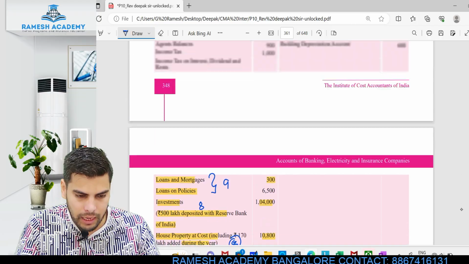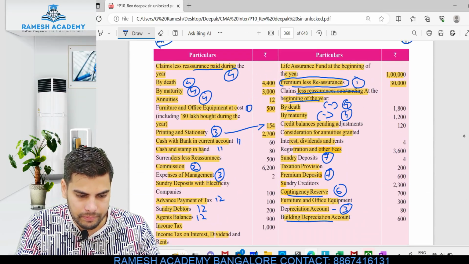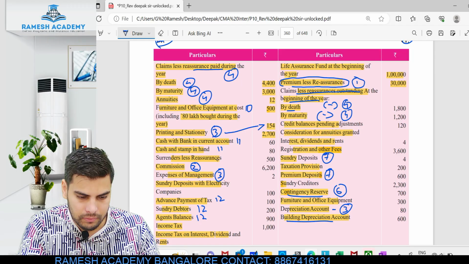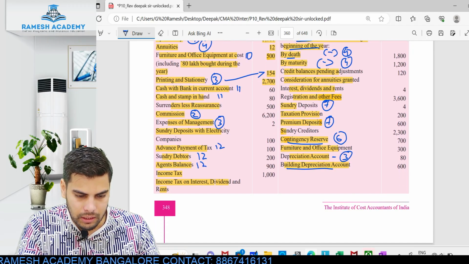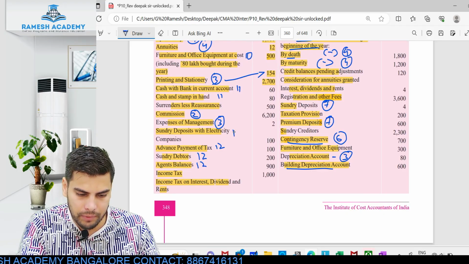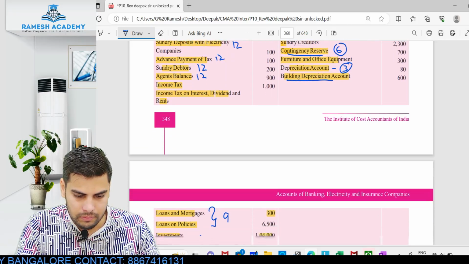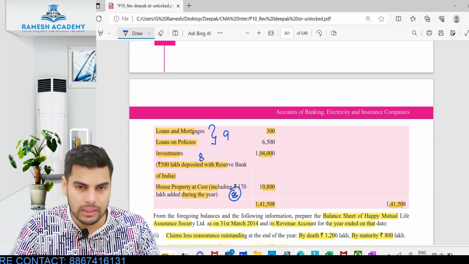That's all right. Do we have any other advances or any other deposit which we are maintaining? Let me just check once. Yeah, sundry deposit with the electricity company, even this would be an advance. That's all right. So these are your advances.